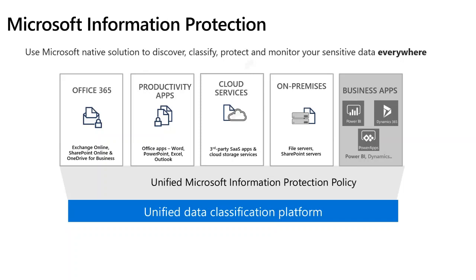We have a good story for on-premises using the AIP Scanner. We have great coverage for cloud services using Microsoft Cloud App Security, and we're building more and more into Office 365 services. The next most natural step for us was to start thinking about structured data and about business applications.